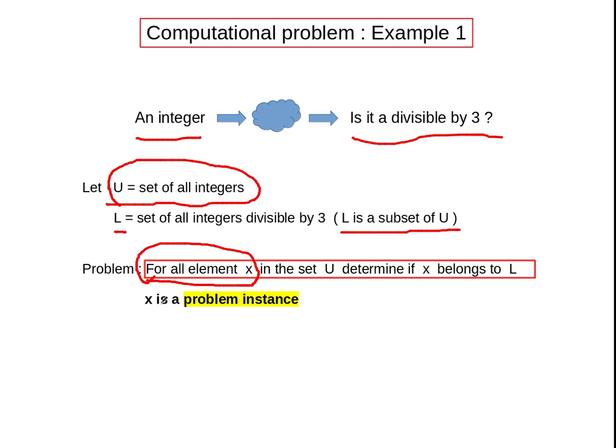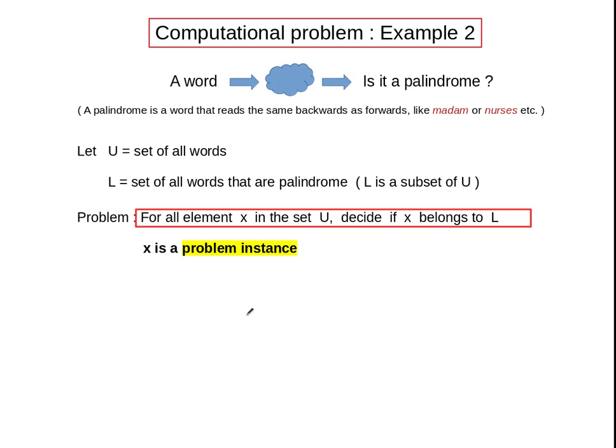If you are asking the question for a particular x, that is called a problem instance. Again, if you take a word and ask whether it is a palindrome, a word is a palindrome if it reads the same forward and backward, like madam or nurses.